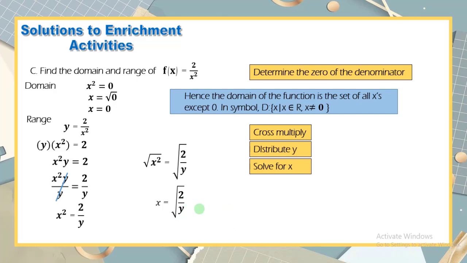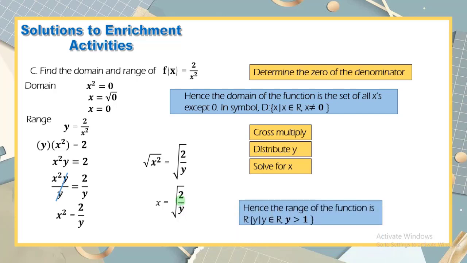So what are the numbers which will make our radicand here a positive number and wherein it will not be undefined? So that is, y such that y is an element of real numbers and y is greater than 1. Which means the numbers that will belong to your range are numbers which are greater than 1, such as 2, 3, 4, 5, 6, and so on.